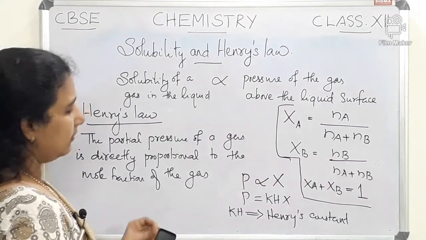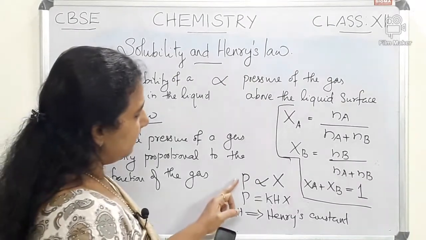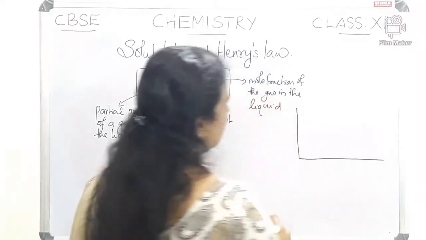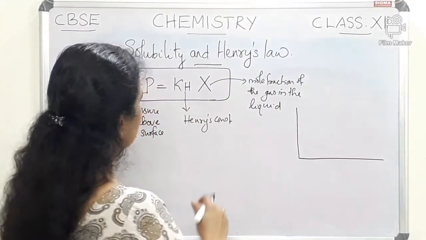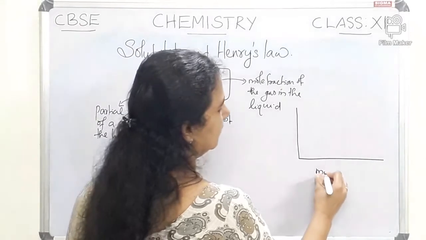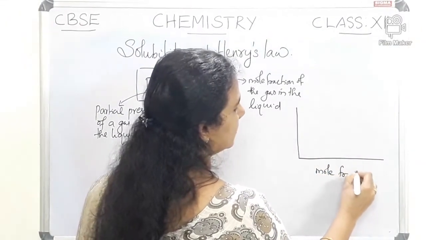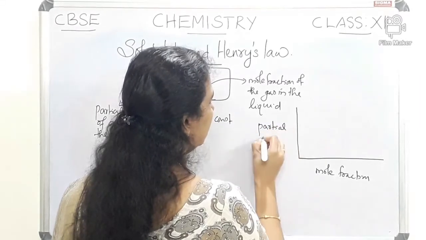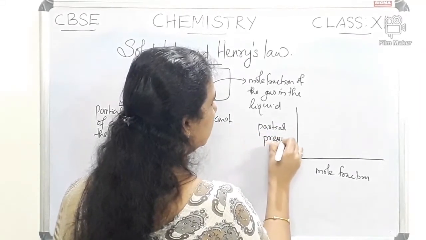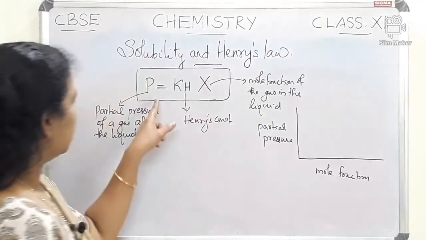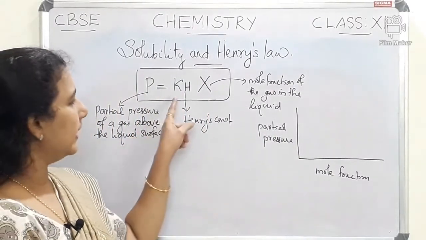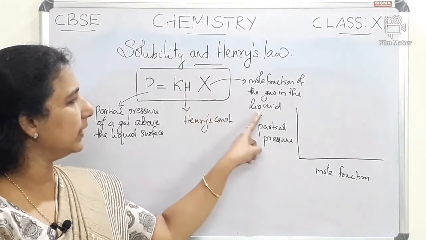So we can draw a graph between pressure and X, that is, between mole fraction and partial pressure. We know that the partial pressure of a gas above the liquid surface is directly proportional to the mole fraction of the gas in the liquid.